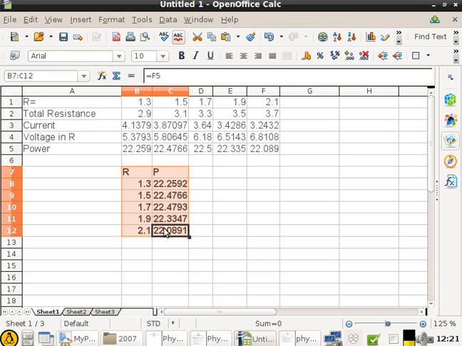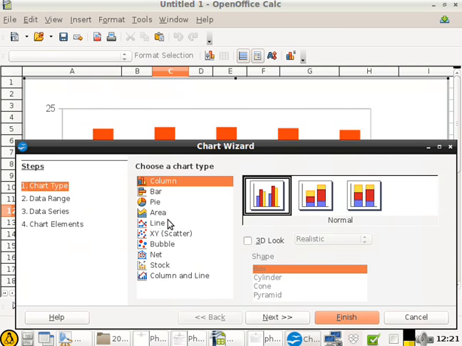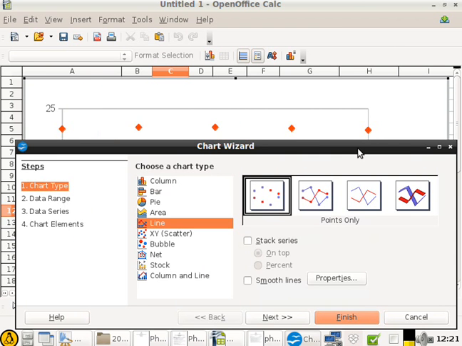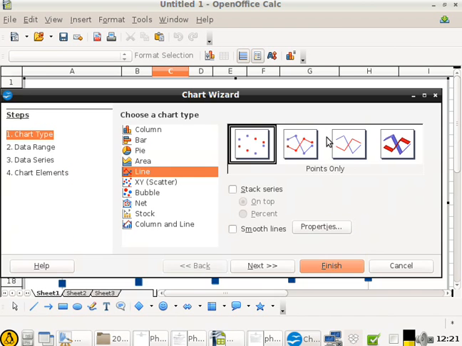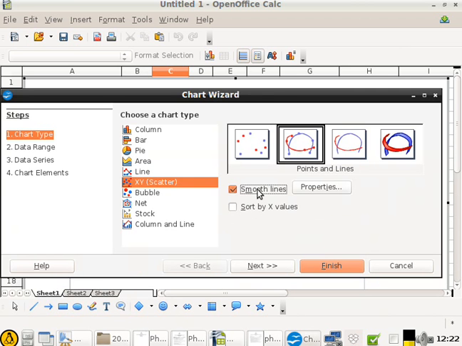So I'll do that now. Insert, chart, XY. Now I have a feeling that it actually will be a kind of curvy shape. So I'll go for this one with smooth lines.